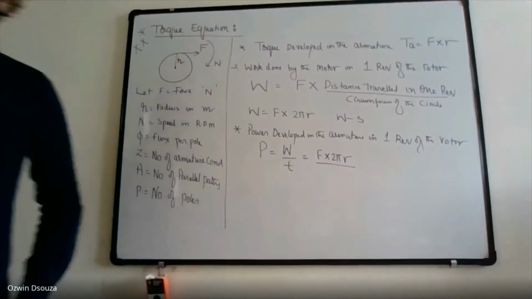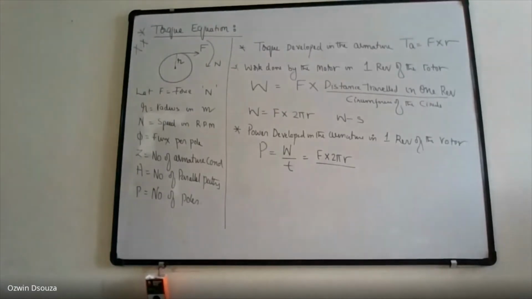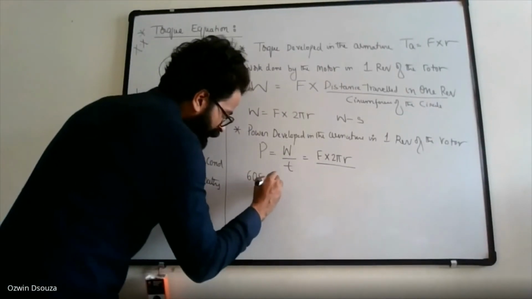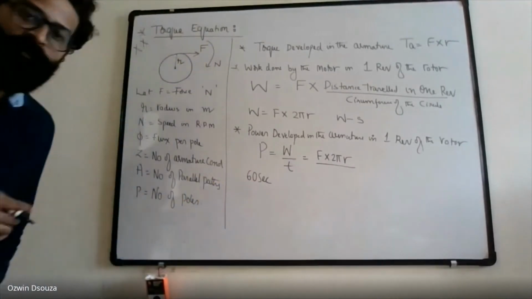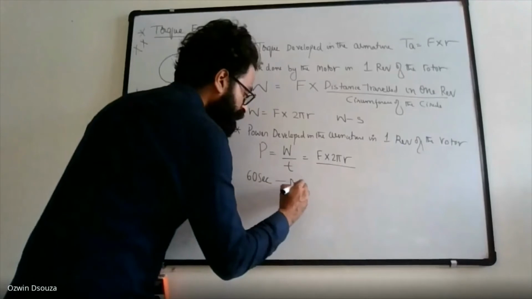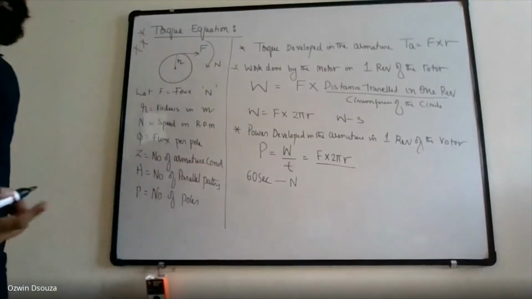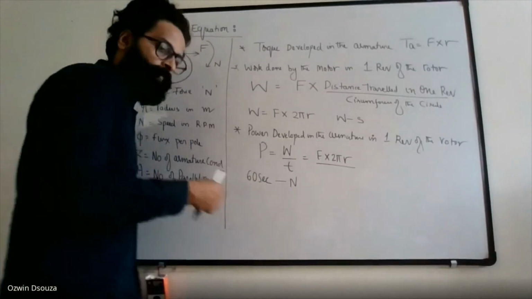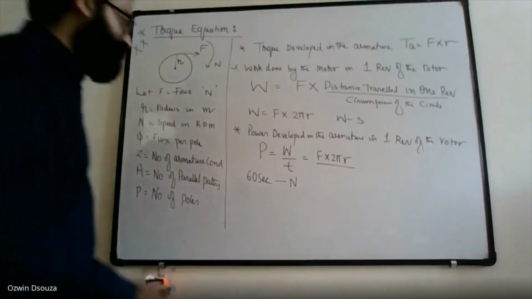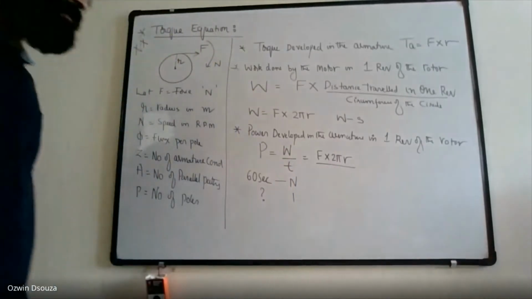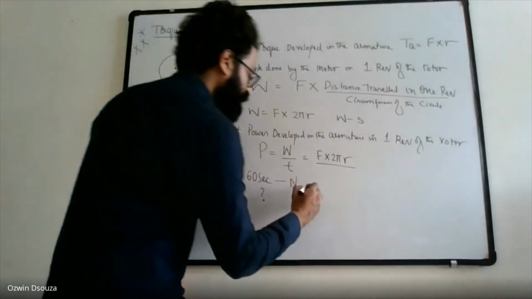So from where will we get this time? You know that the rotor rotates at a speed of n rpm. So in 60 seconds, the rotor completes n revolutions, right? Or in 1 minute, it completes n revolutions. So the time taken to complete one revolution is 60 by n.